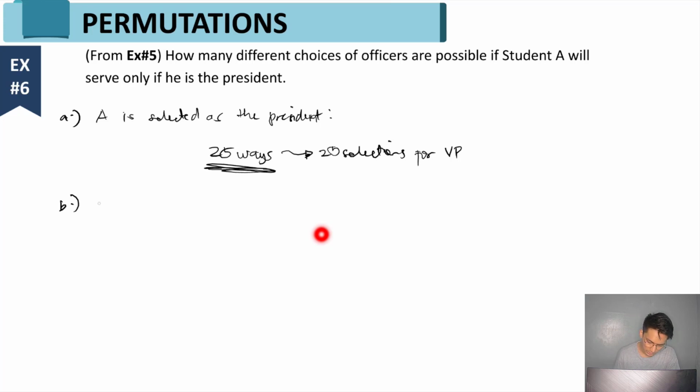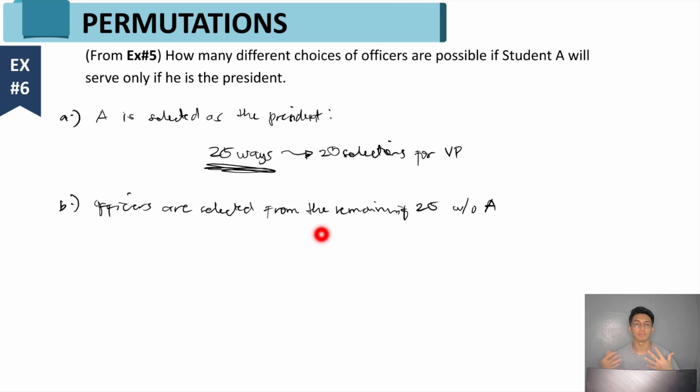So, officers are selected from the remaining 25, 25 without student A. So, paano natin malalaman kung ilang ways yan?